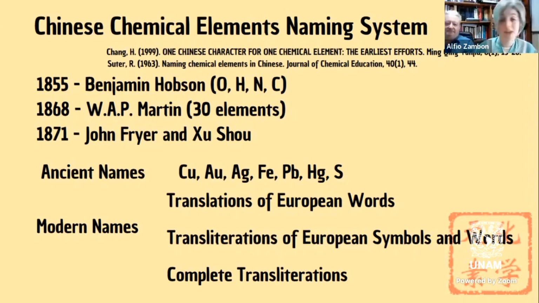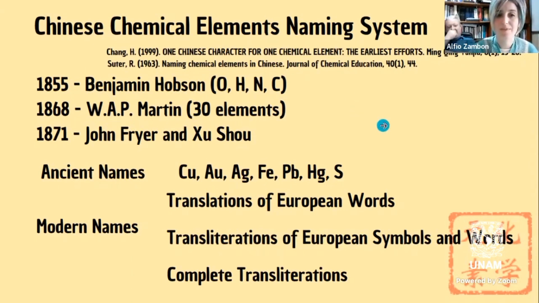So if it's a gas, you are going to have the qi character. If it's solid, you're going to have the shi. If it's liquid, you're going to have shui. And if it's a metal, you're going to have the jin character added to the left. Okay.